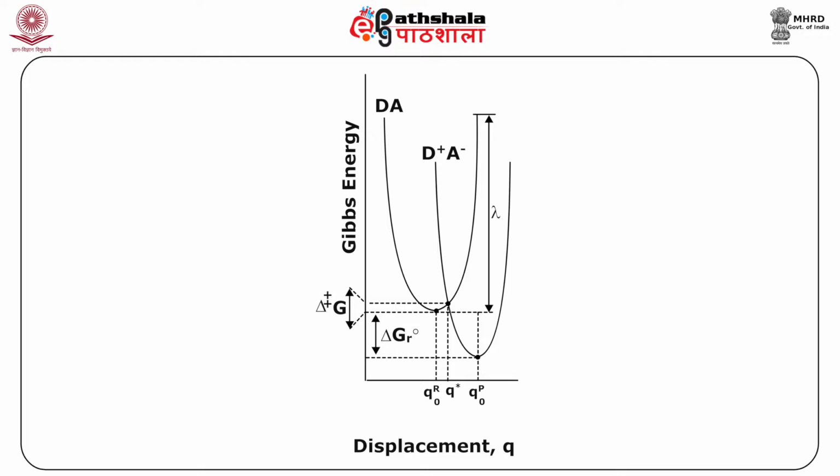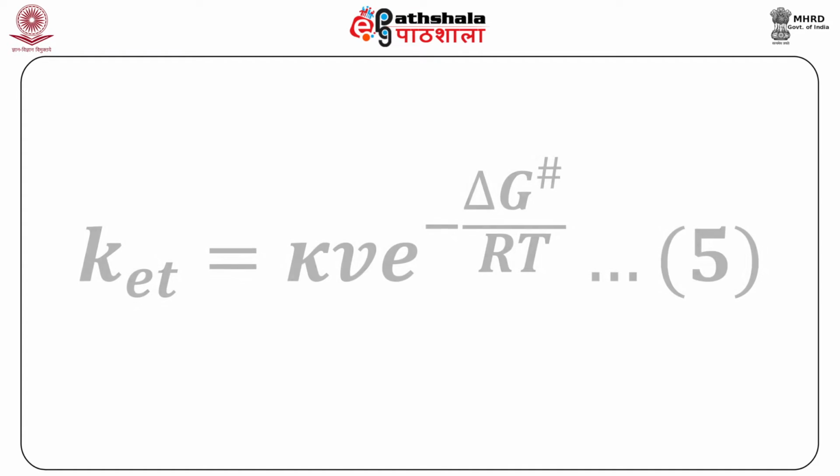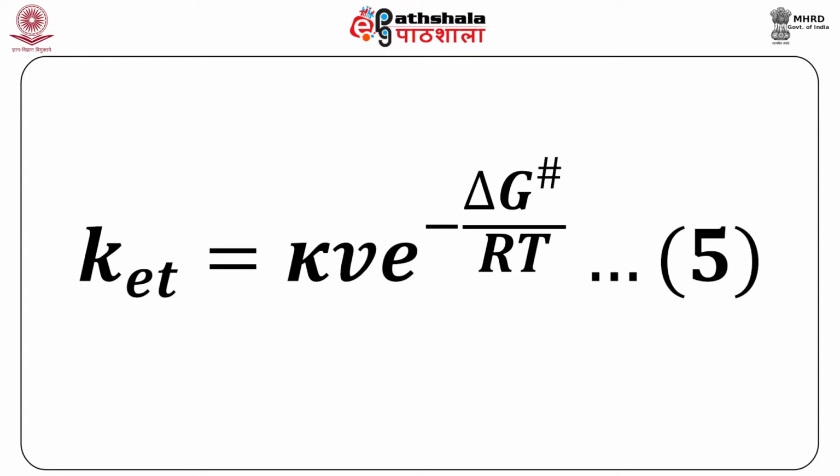This is the Gibbs energy surface of the complexes DA and D plus A minus involved in the electron transfer process. Kappa nu is the factor in equation 5 that measures the probability that the system will change from reactant to product at Q star through electron transfer inside the thermally excited DA complex.